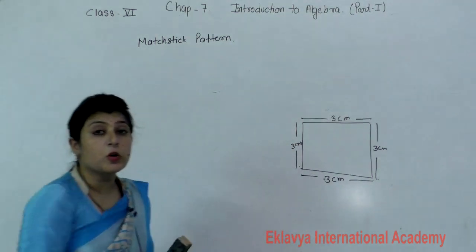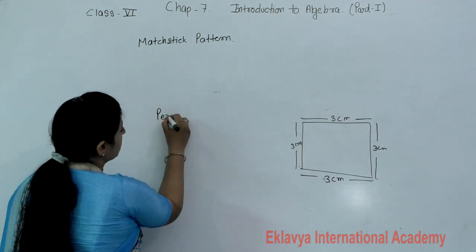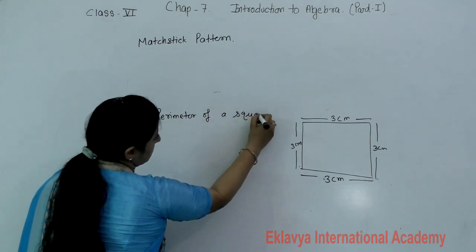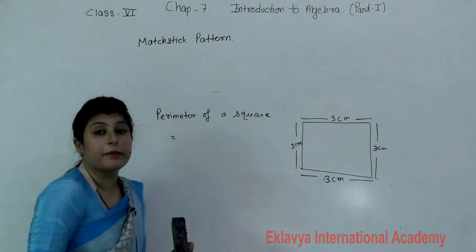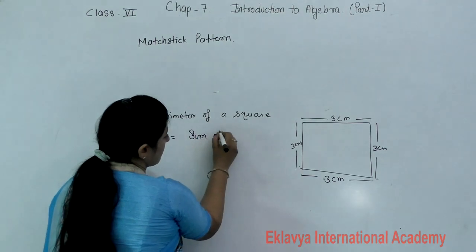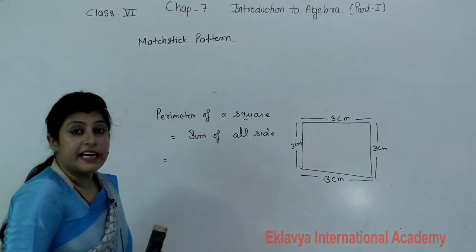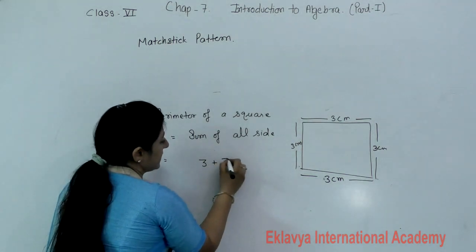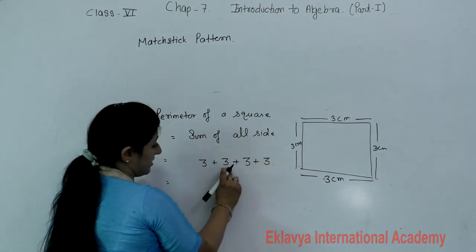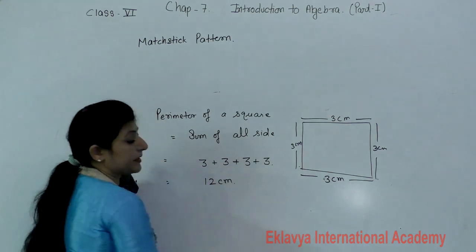If we want to find out the perimeter of a square, what is the perimeter of a square? Sum of all sides. Then you have to write 3 plus 3 plus 3 plus 3. It means 3 plus 3 is 6, plus 3 is 9, plus 3 is 12 centimeters.